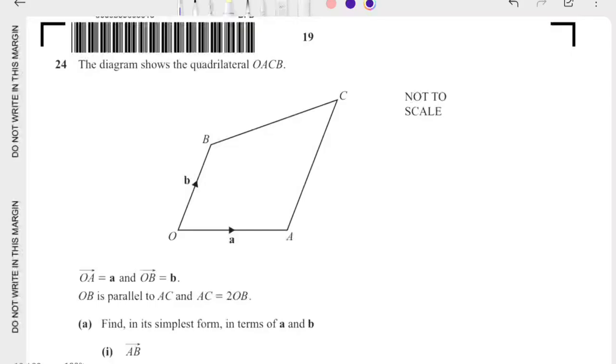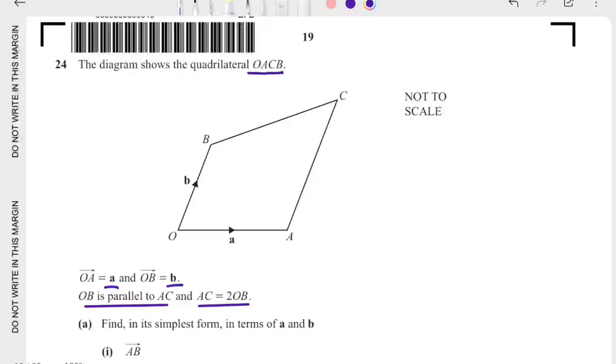The diagram shows the quadrilateral OACB. OA is equal to a, OB is equal to b, and OB is parallel to AC, and AC is equal to 2 times OB.